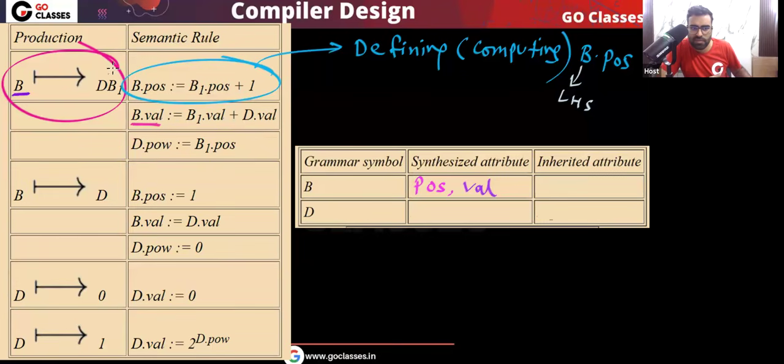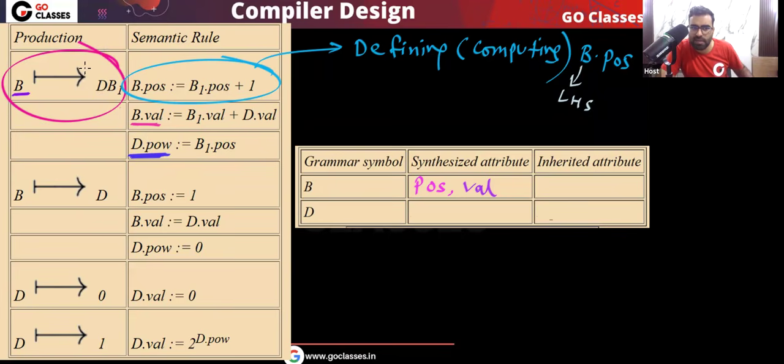You can see with this production, we have another semantic rule associated. Actually, with this production, three semantic rules are associated. So this is another semantic rule. In this semantic rule, can you tell me which attribute we are computing, which attribute we are defining? We are defining d.pow, and you can see this D is a non-terminal on the RHS.